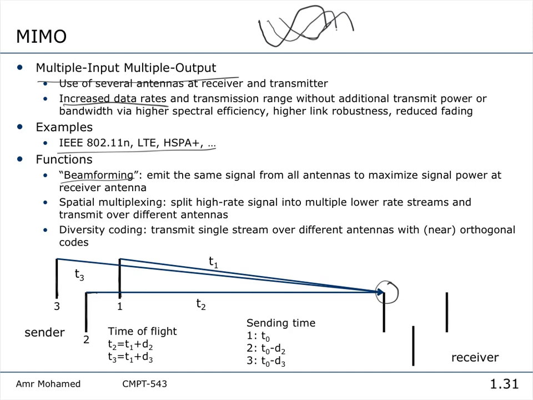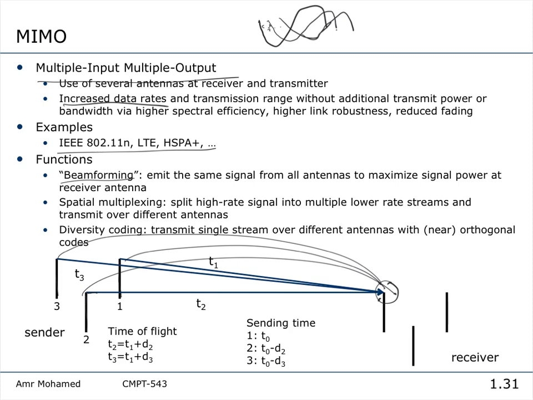But I know that because these distances are different, this time difference is proportional to the distance between all these three antennas and the reception point, in such a way that when they arrive here, of course, there will be a difference in time. So this difference in time is accounted for at the transmitter side.